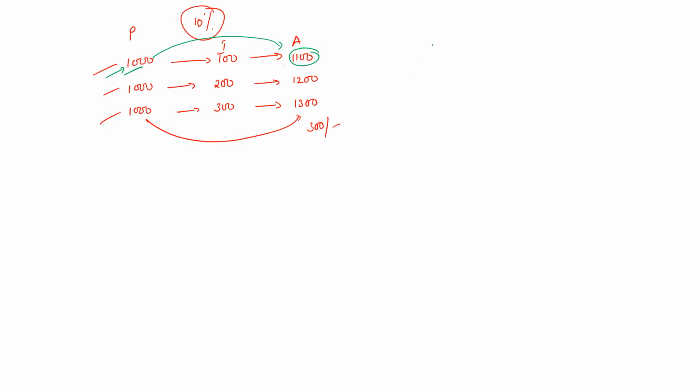So if you look at the case of compound interest, if you borrow 1,000 rupees from a bank on compound interest, the interest payable at the end of one year will be 100 and you'll have to return 1,100. But if you don't want to repay, you want to use it again, next year, the bank will charge interest on this 1,100 instead of this 1,000 rupees. Now, what is 10% of 1,100? 110.